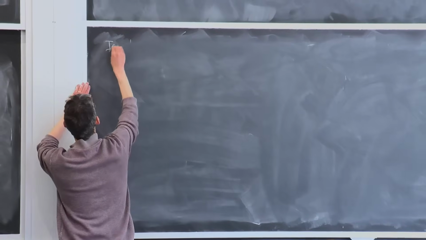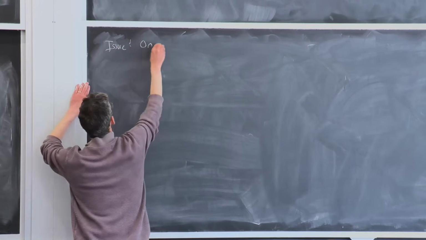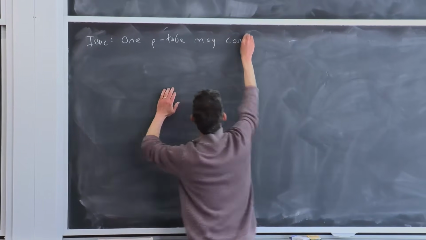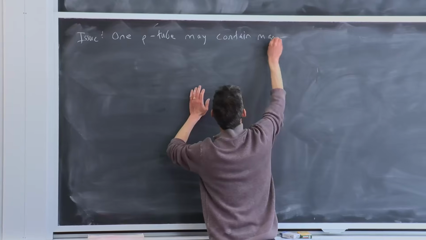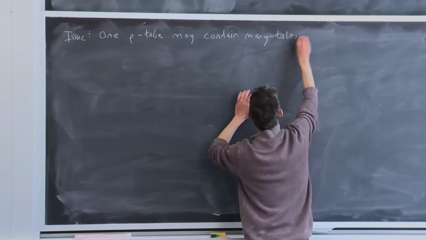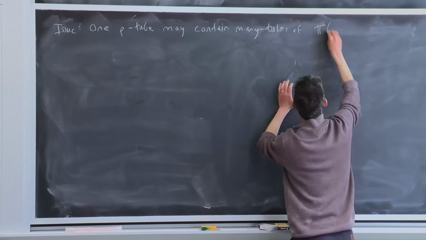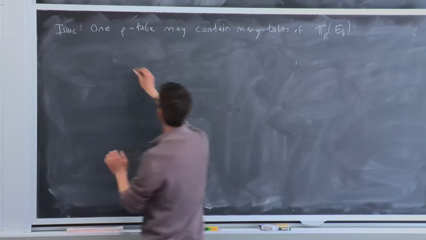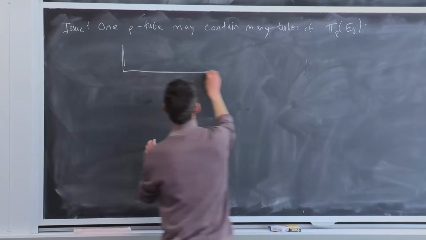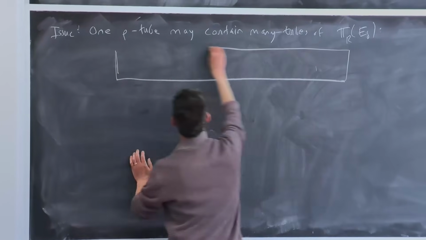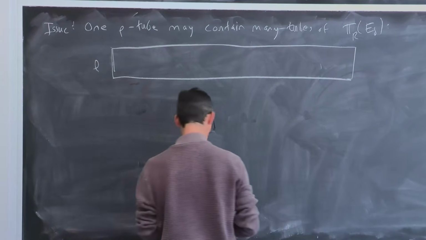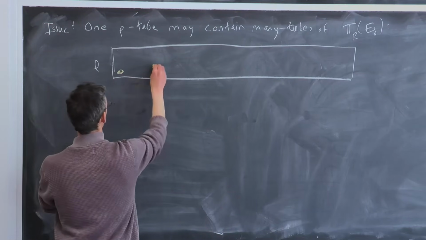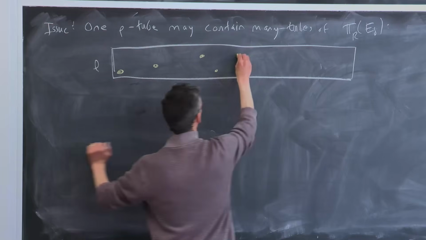So, the issue: one rho tube may contain many tubes of T_R of E delta. What would the bad scenario look like? Well, we'd have a rho tube here, and inside we would have a bunch of delta balls, at least R of them, but maybe more than R of them.